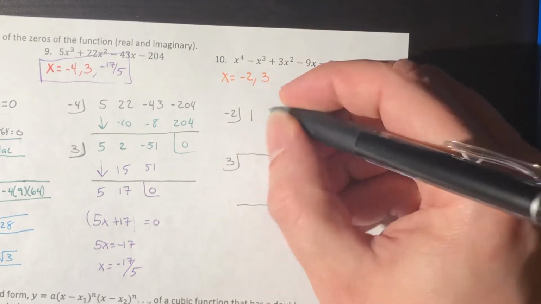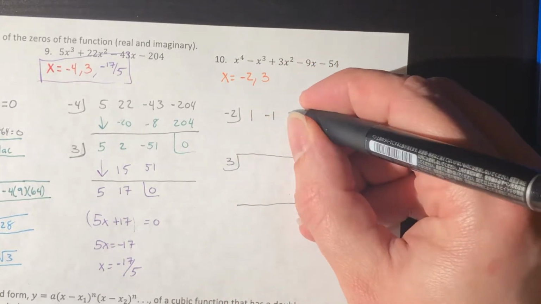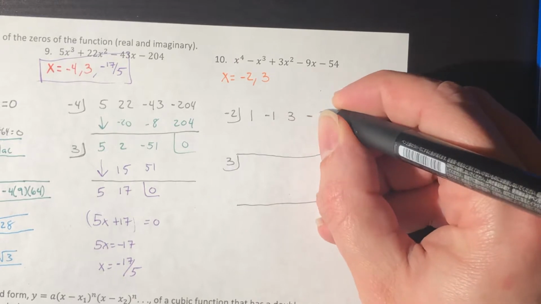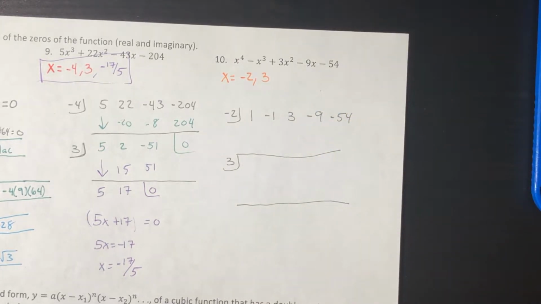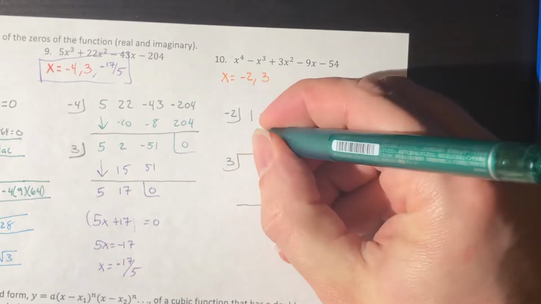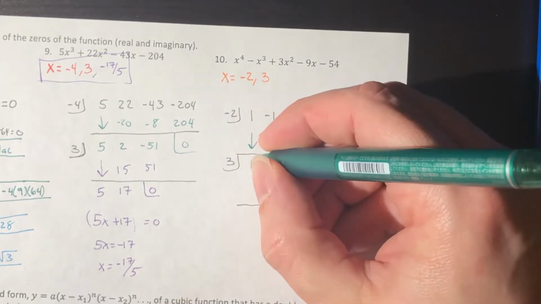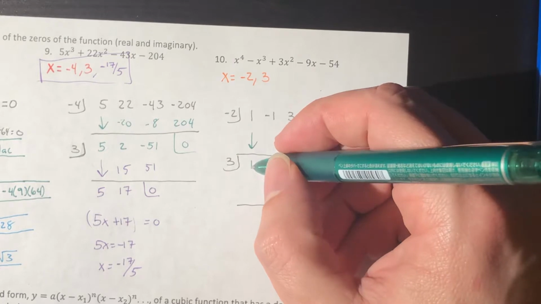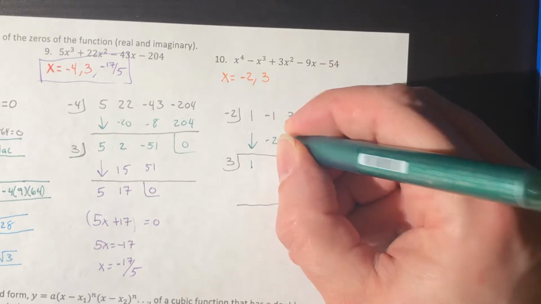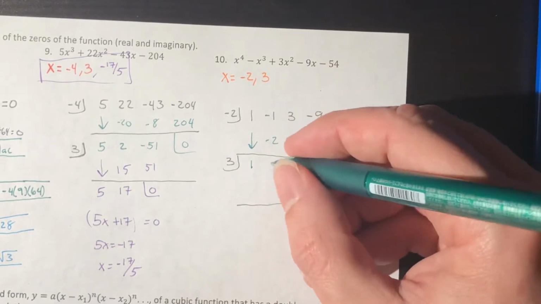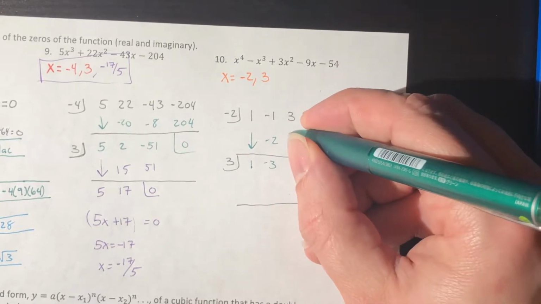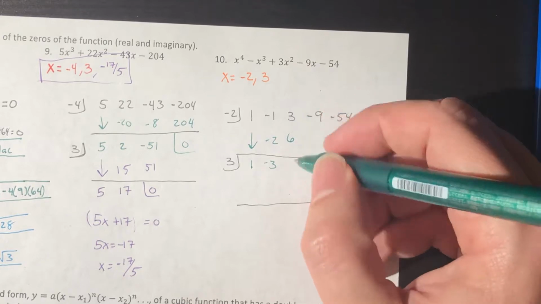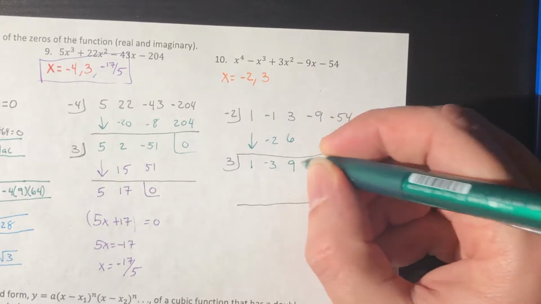Across here I have 1, -1, 3, -9, -54. The 1 drops. -2 times 1 is -2. -1 minus 2 is negative 3. Negative 2 times negative 3 is positive 6. 3 plus 6 is 9.